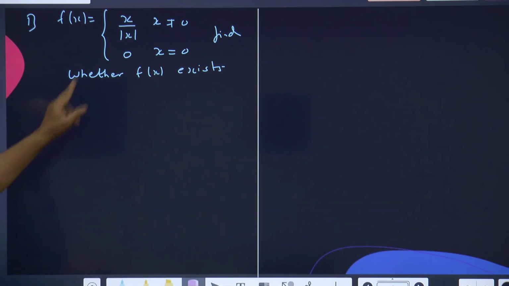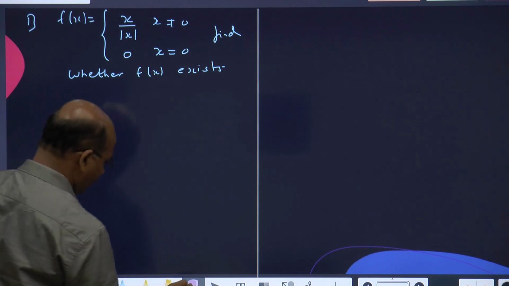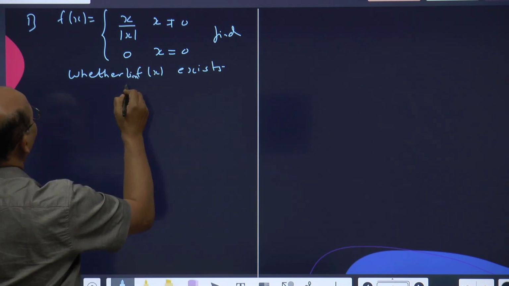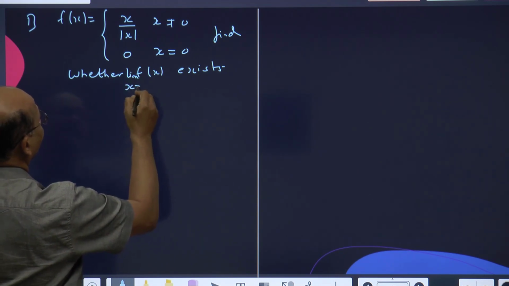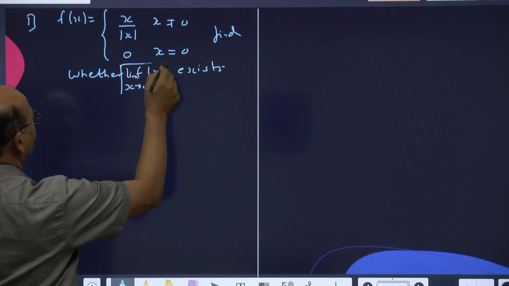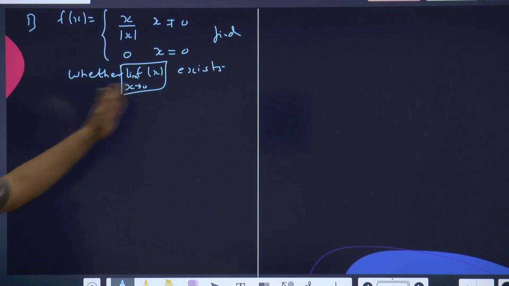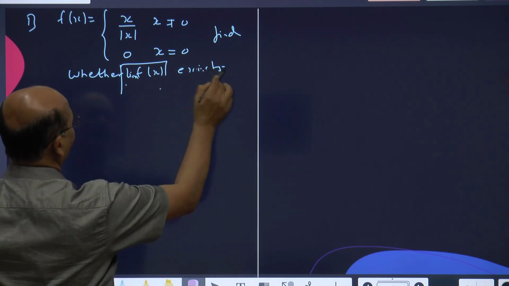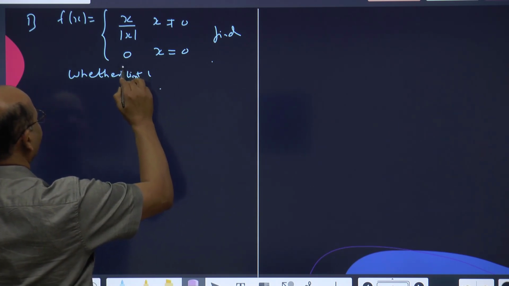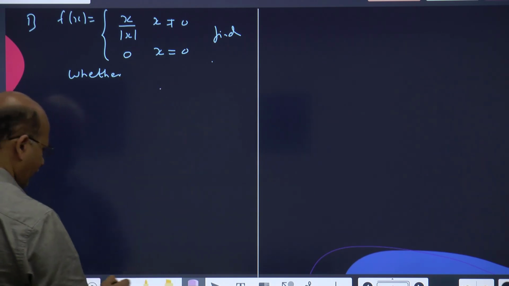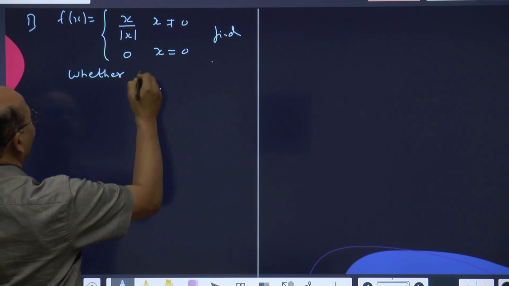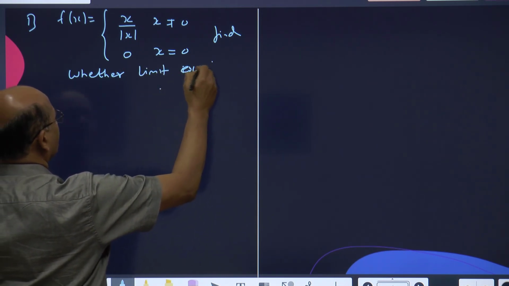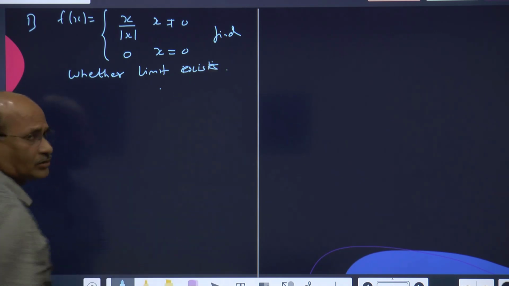Find whether the limit of the function exists as x tends to 0. Find whether limit exists, not function exists. So I'll just make it simpler for you. I'll explain to you exactly what it is. Find whether limit exists, that is, the limit of the function exists.